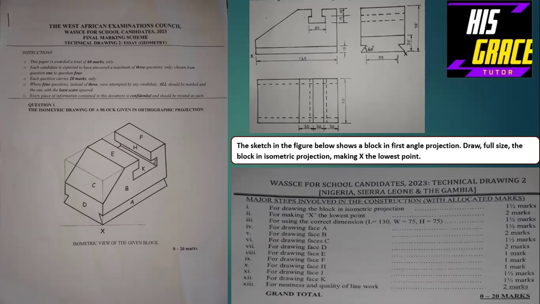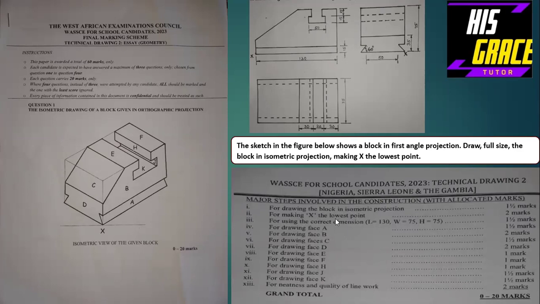Now, for the marks awarded to each part of the construction, we have Roman figure 1 for drawing the block in isometric projection. 1.5 marks are awarded to it.